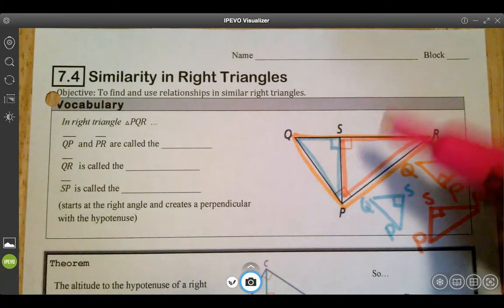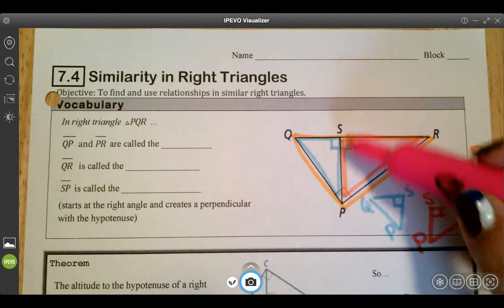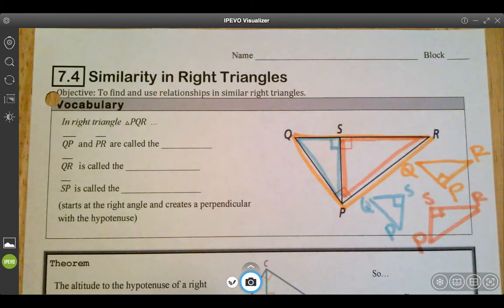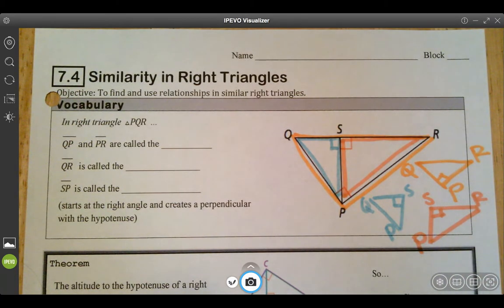Whenever you see this type of triangle with an altitude, that's this line that's perpendicular to the base, that's going to give you 3 congruent angles for your triangles, but different sizes. And so it gives you 3 similar triangles.